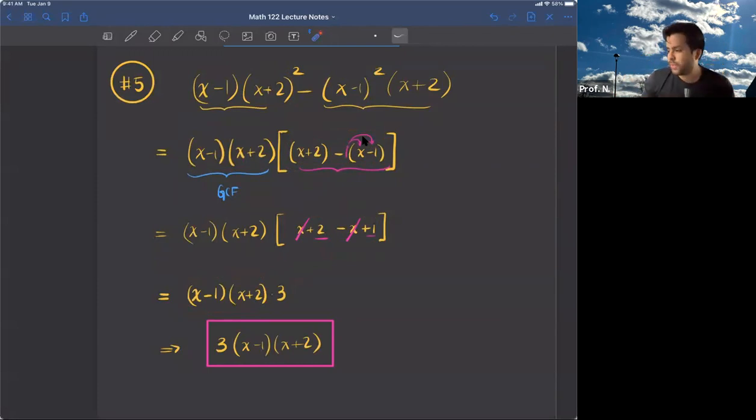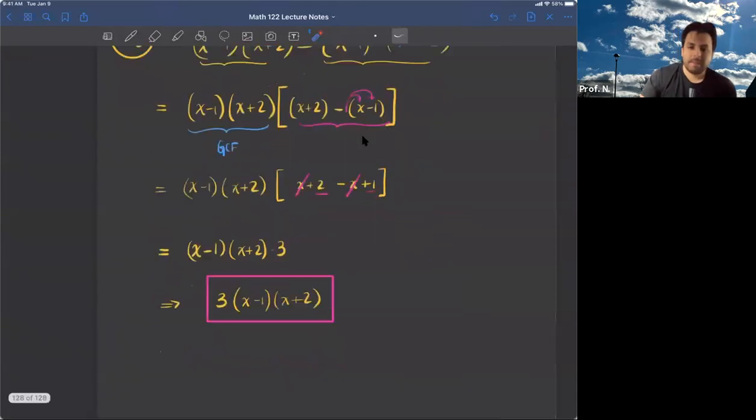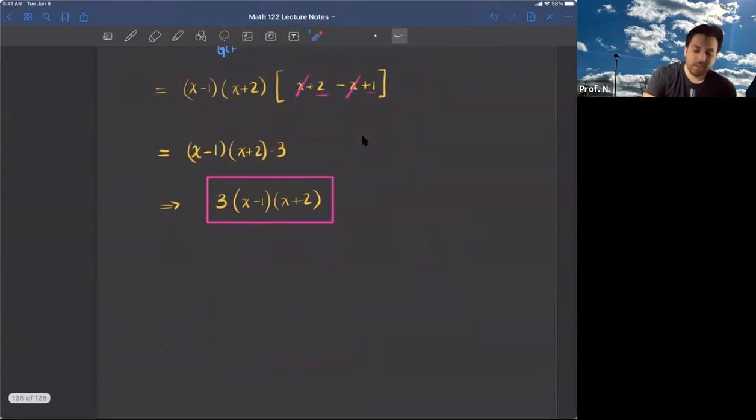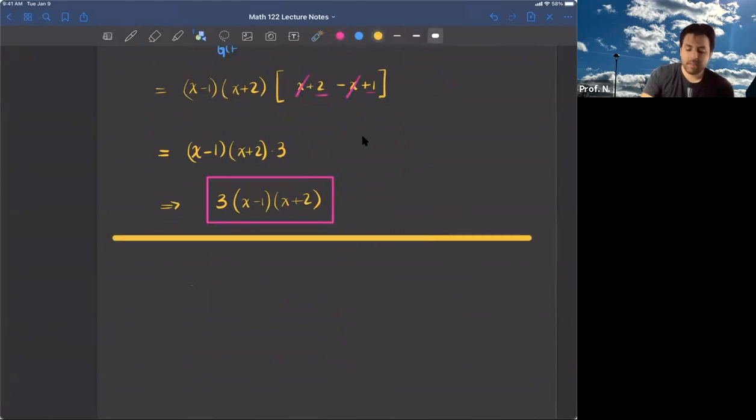Equation of the circle number 5. Yes, we can do everything. Let's do everything at once. Okay, so then the next one is equations of a circle.